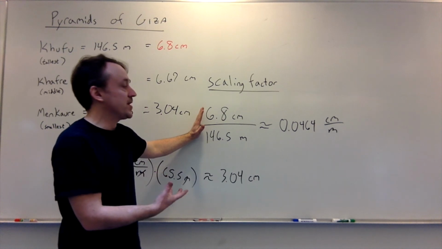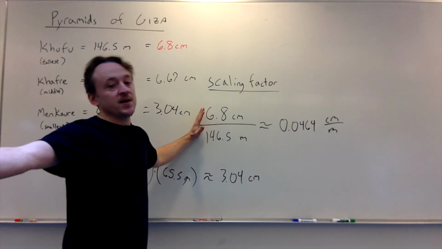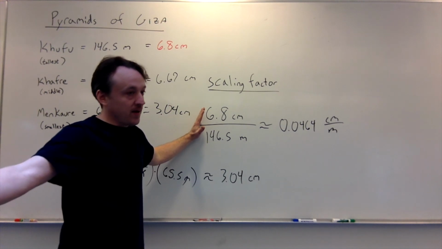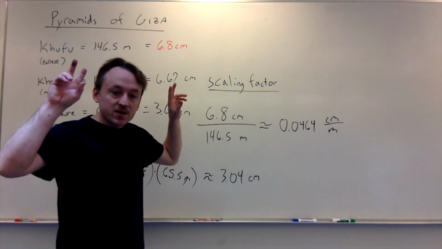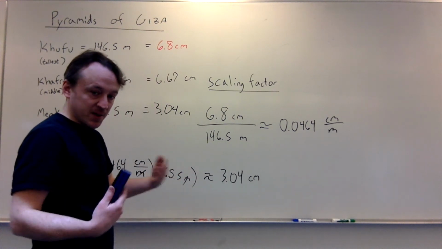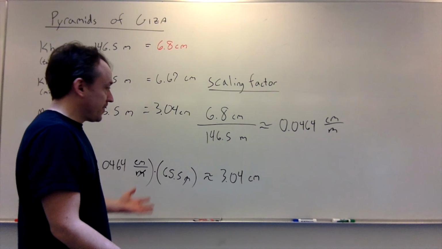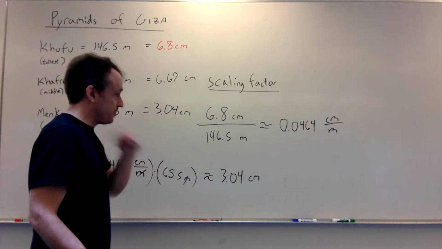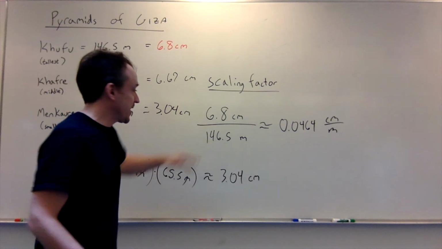But once you have that scaling factor, then everything in your system gets multiplied by that, and you end up with what should be a proper scaled system. Okay? If it's scaled correctly, like a city, a building, or an architectural plan, something like that, then it should be all multiplied by the same scaling factor.